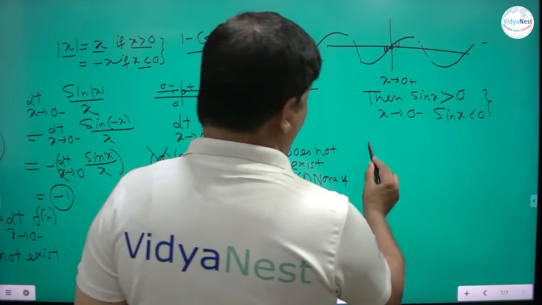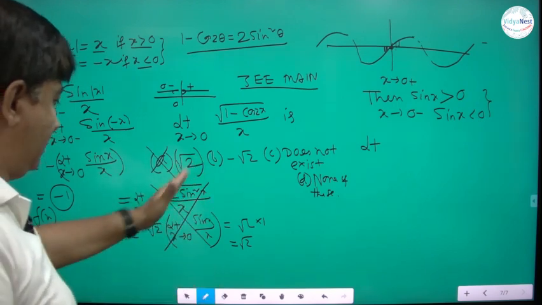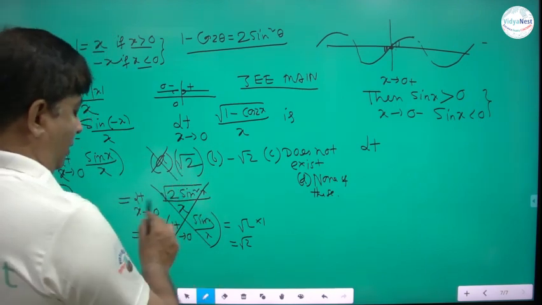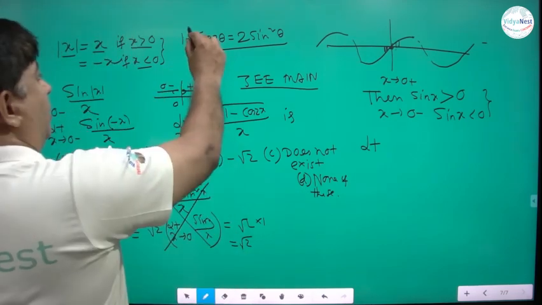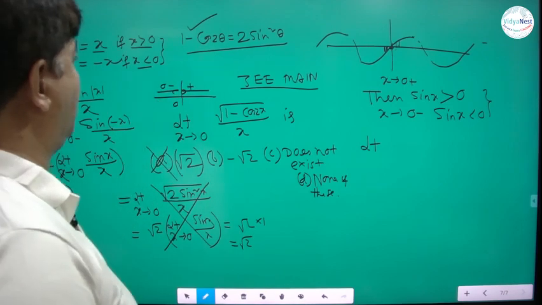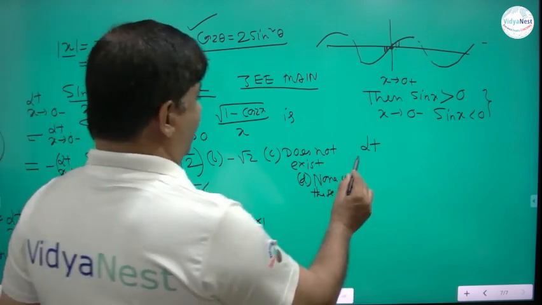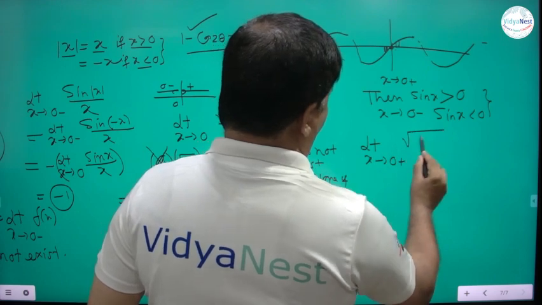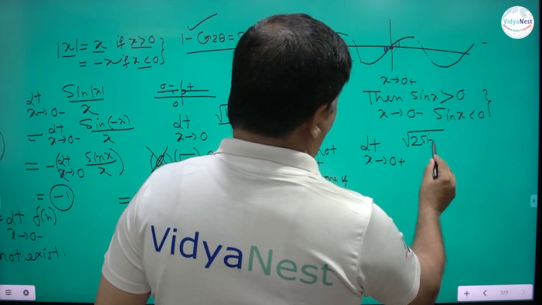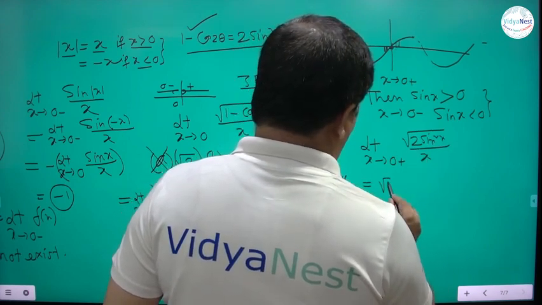So the first part which I have crossed is okay. That common formula, 1 minus cos 2 theta, is very well known and can be used here. X tends to 0 plus, that is root 2 sin square x by x. Root 2 will be brought out.